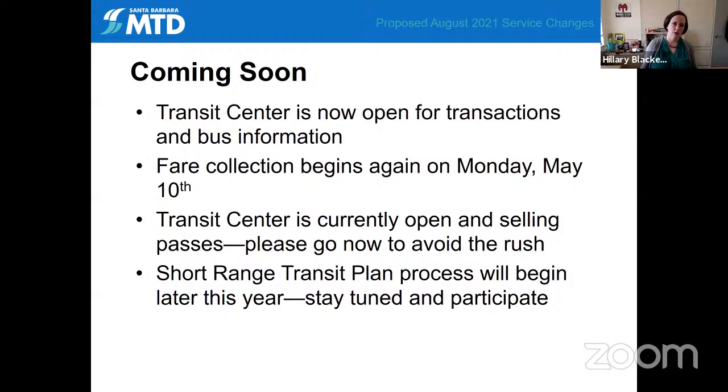So you'll be getting information on the current state of affairs, what you'd like to see, what's possible. And so we've got a consultant team coming on to help us do that. We're really excited. So stay tuned and please participate in that so we can know what all your transit hopes and dreams are for the next 5 years.